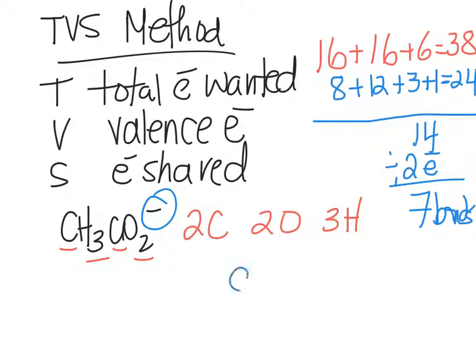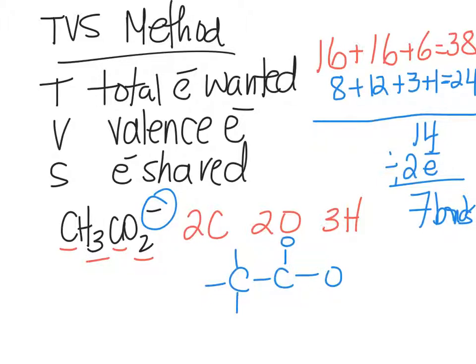So if we put in our hydrogens and our carbons and our oxygens, we have only placed 1, 2, 3, 4, 5, 6 bonds.